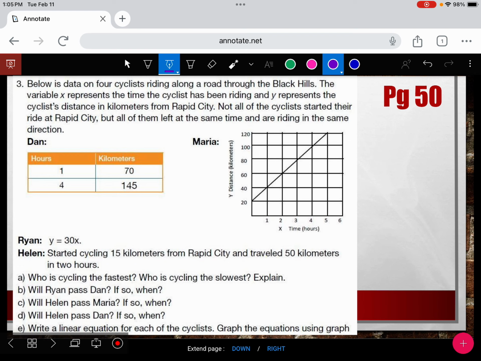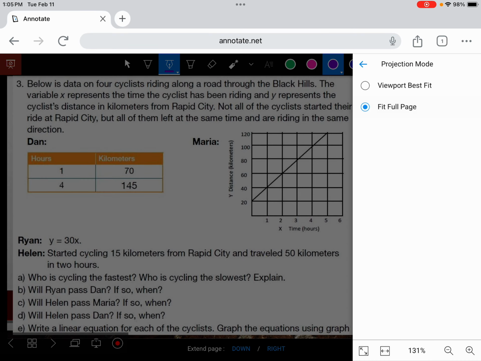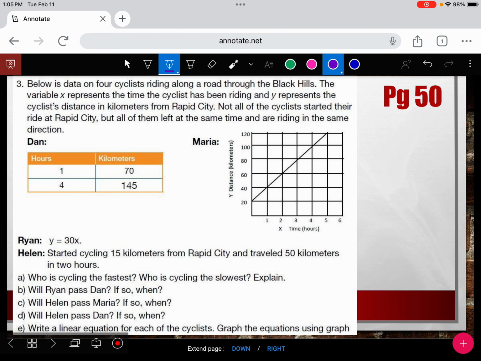So this is a kind of similar vibe. We've got the data for 4 cyclists. We've got Dan, who's got a table, because Dan apparently just took 2 pictures on his watch. Just making it so that bar goes away. We've got Maria, who made us a little graph. Ryan wrote us an equation.